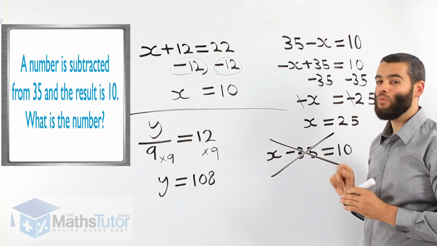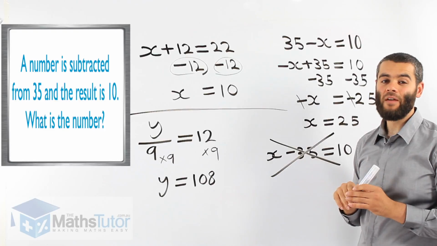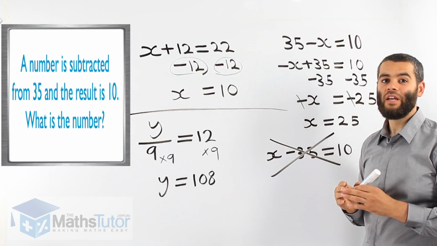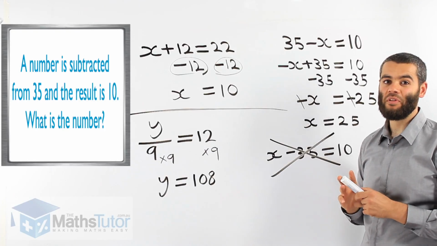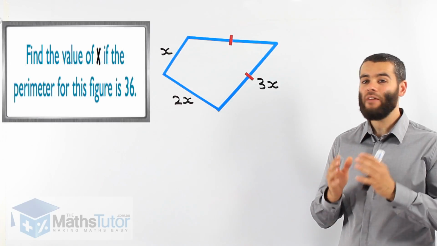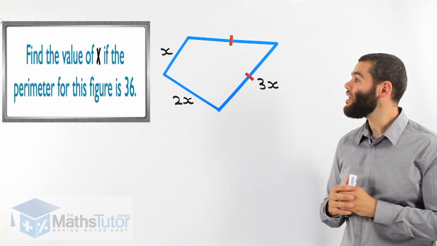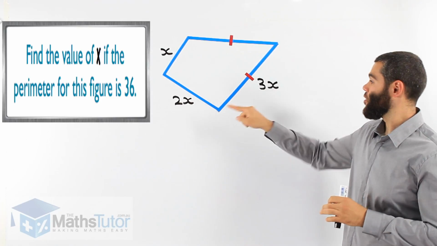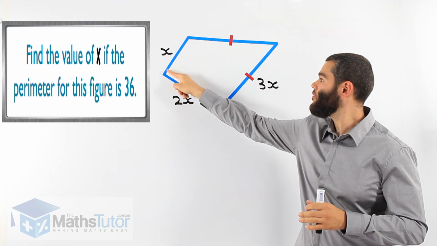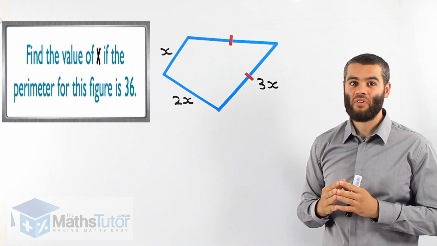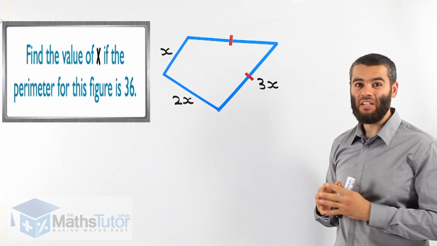Now, I'm going to do one example where we have a diagram, and from the diagram, we're going to create an equation and solve for the missing number. We have this shape, and we are told that the perimeter of this shape is 36. So the perimeter, the boundary of this shape, the total is 36. We would like to know what x is.